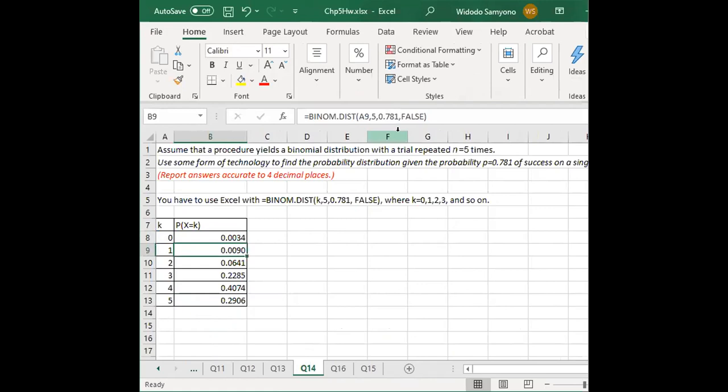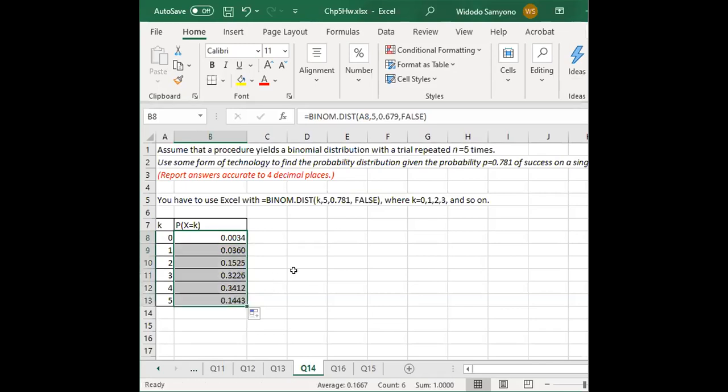Okay, so for the rest, you simply copy from the first one. Did you see the small plus or cross sign over there? You need to hold it and drag it down, okay.